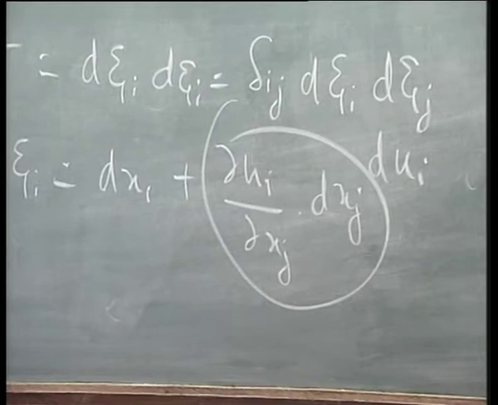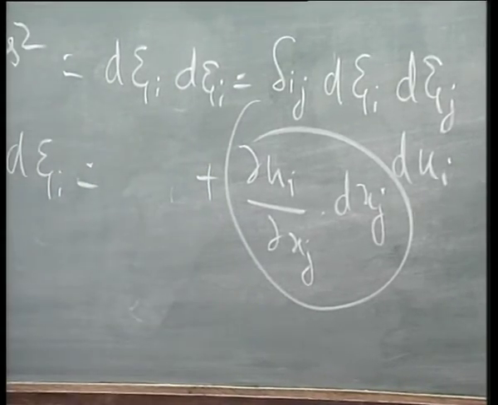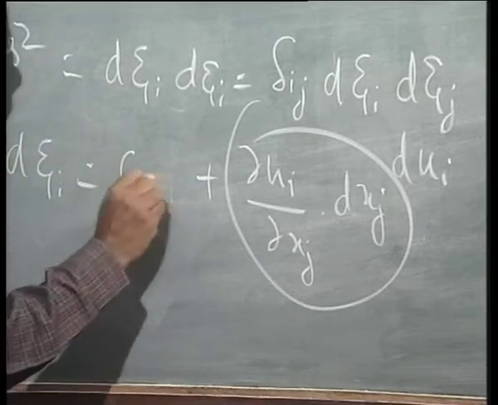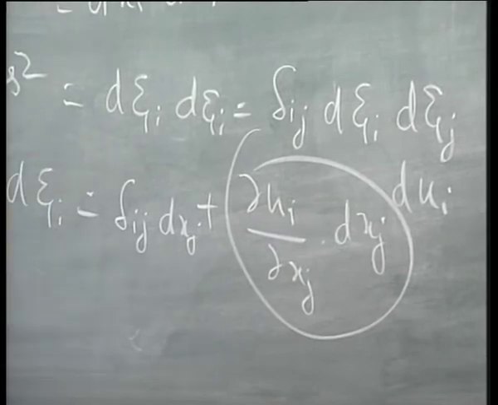Okay. Now, let me write this dxi as delta ij dxj. I just write it because I want to take that dxj out.